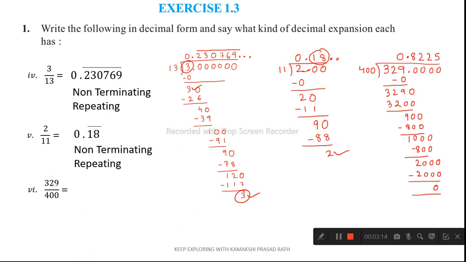When we do the long division, we reach the remainder 0. Since the remainder is 0, we can say it is a terminating decimal expansion. So 329 by 400 can be written as 0.8225. So it is a terminating decimal expansion.